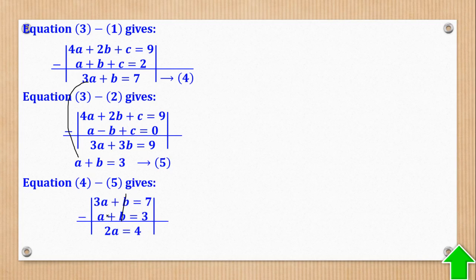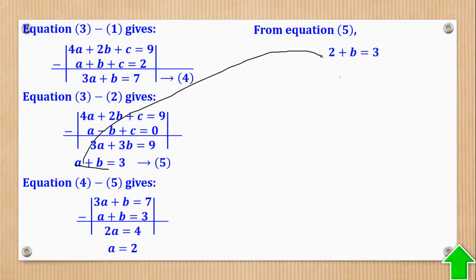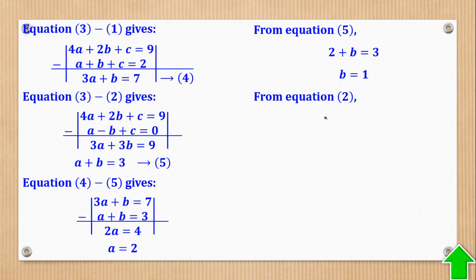Where this cancels, we remain with a, where a is now 2. After getting a, from equation 5, substitute for a to get the value of b. Then from equation 2, substitute for a and b to get the value of c. Therefore, the polynomial is that, and that's what they wanted.